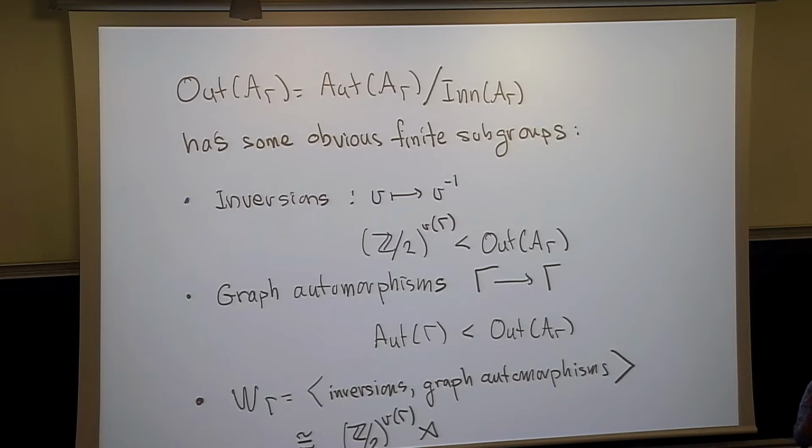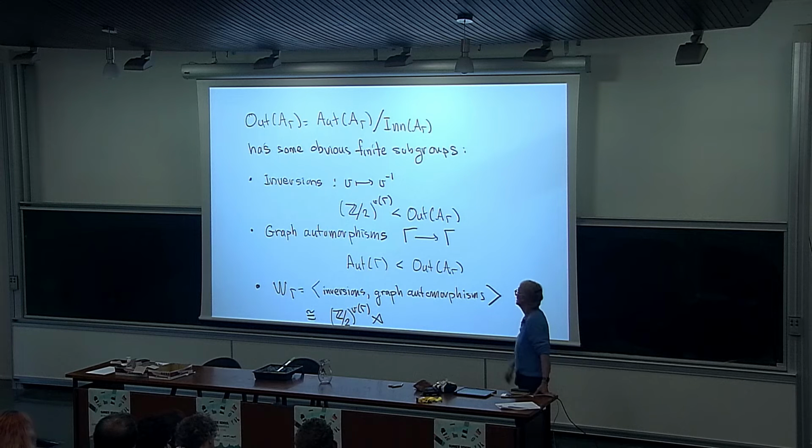All you need to get an automorphism is some map on the generators that preserves the relations. So if you invert one of the generators, it doesn't change anything about what commutes and what doesn't. So that gives you an automorphism. So you get a little copy of Z2 to the number of vertices. That's a finite subgroup of Out(A_Γ).